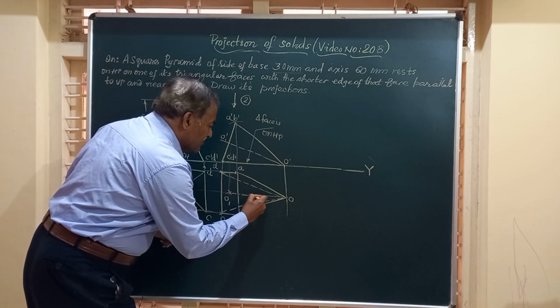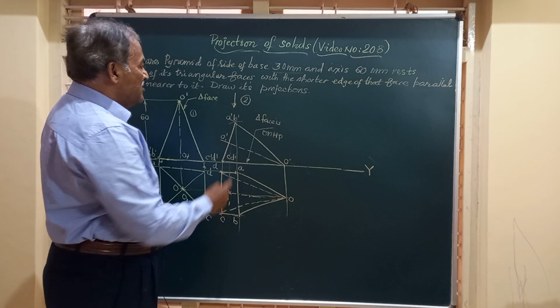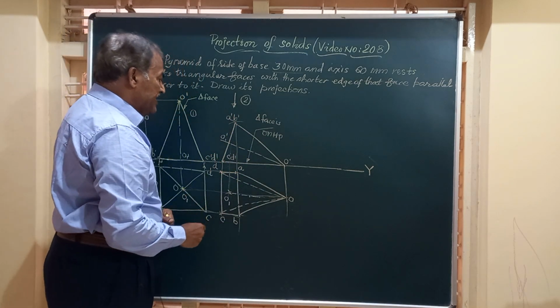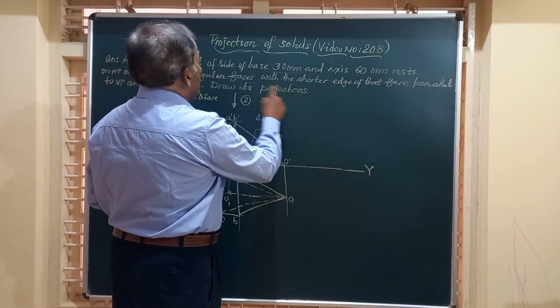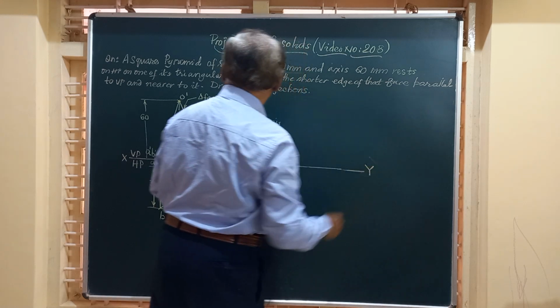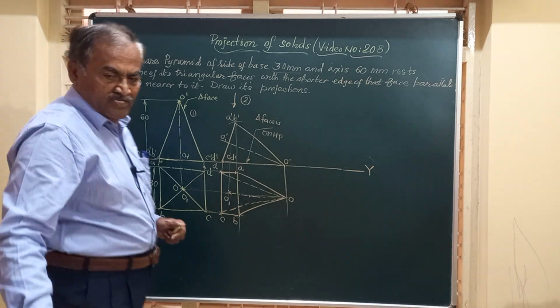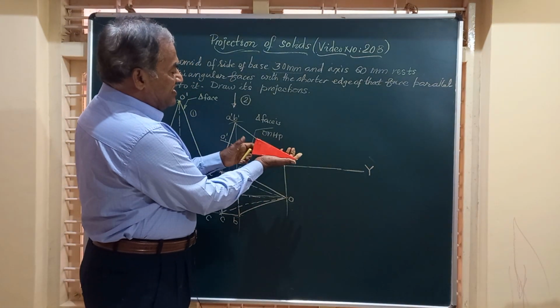O1 is the axis of the solid, and you can see here, friends, the object is resting on triangular face OCD. Here he says in the question, with the shorter edge of that face parallel to VP and nearer to A. Friends, here it is resting on triangular face like this.